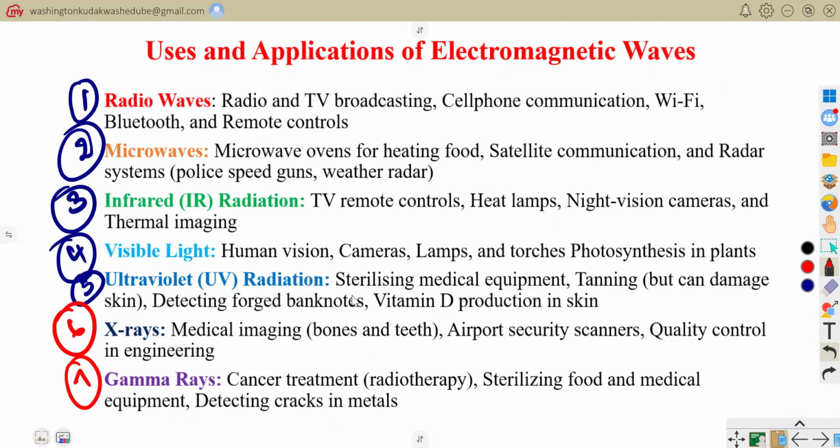So these are examples, uses and applications of electromagnetic waves.